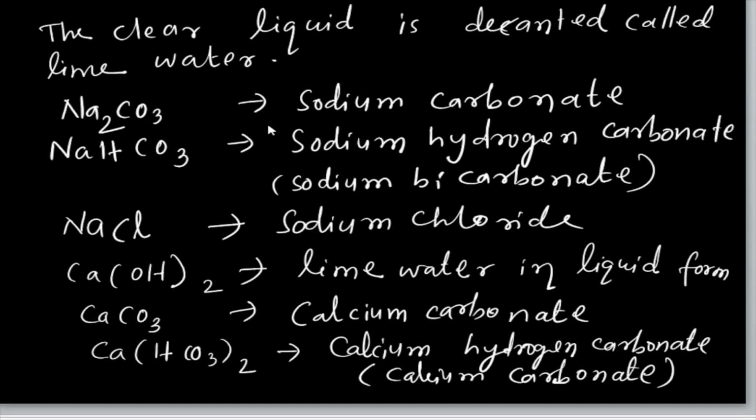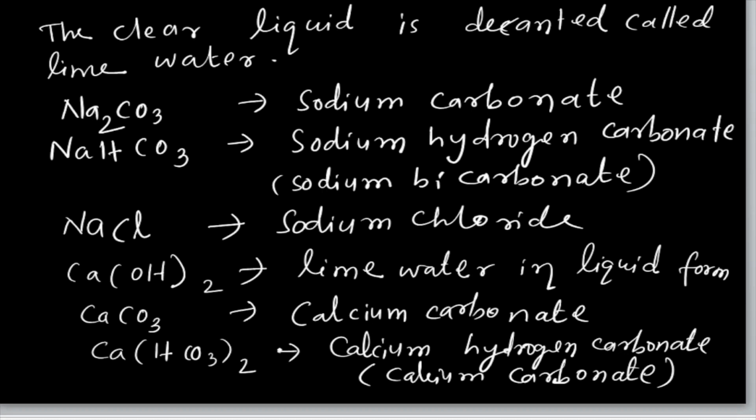Now you see sodium carbonate, that is Na2CO3, and NaHCO3, that is sodium hydrogen carbonate, also known as sodium bicarbonate, NaCl, sodium chloride, and calcium hydroxide, Ca(OH)2. If it is in liquid water form, then you say it is lime water. And calcium bicarbonate, bicarbonate means hydrogen carbonate, HCO3.